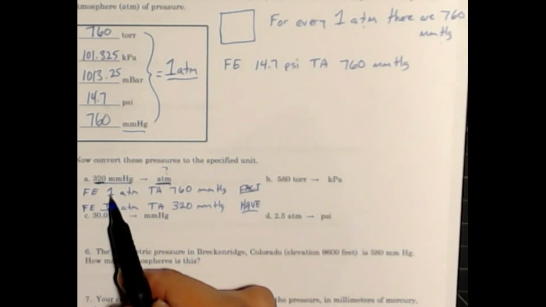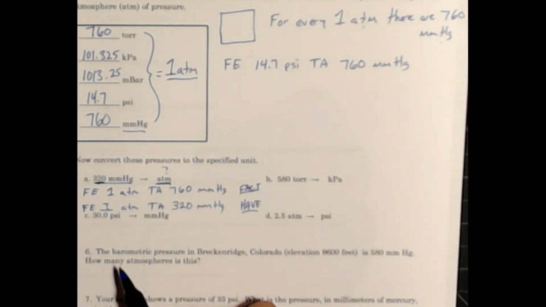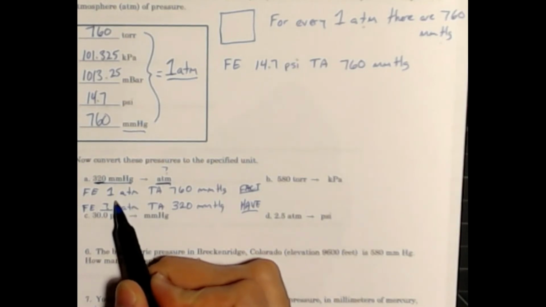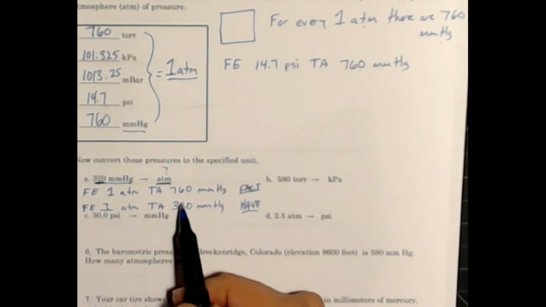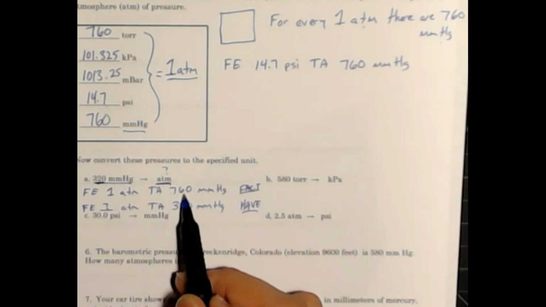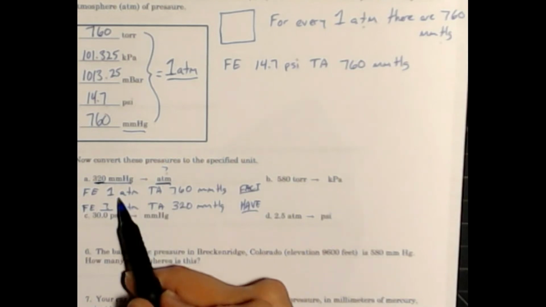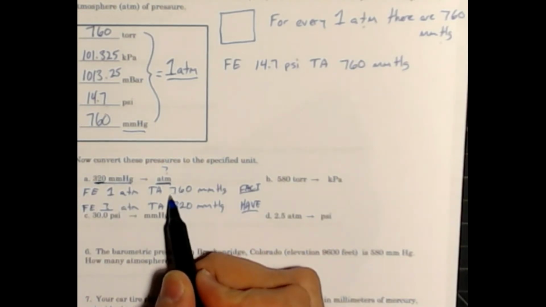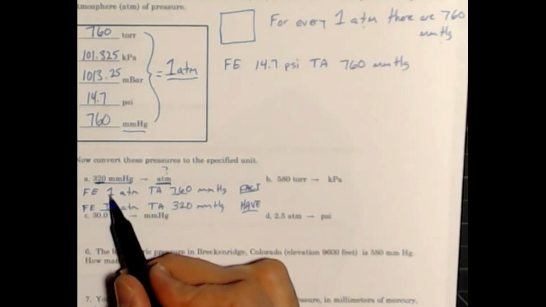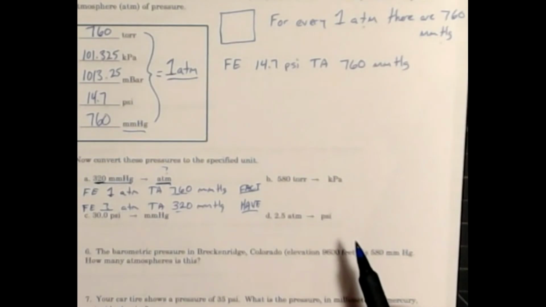Well, you can multiply 1 by 760 and get 760, you can also divide 760 by 760 and get 1. So that's kind of a clue. Like if we divide this by itself, we get 1. What happens if we divide this number by 760?